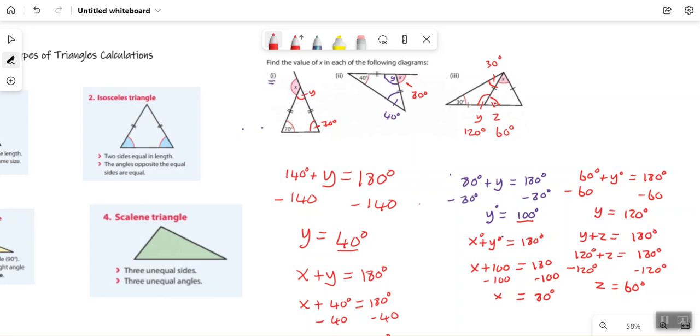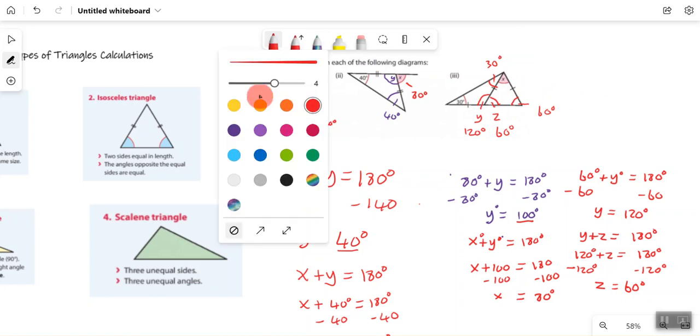So now we know that this angle and this angle here also have to be 60 degrees. So why is that 60? Because this is an isosceles triangle, so therefore if this is 60 degrees, then this is 60 degrees. And now what we know is that these three angles in here have to add up to 180. So, and I'll do this part up here, let me just change the color.